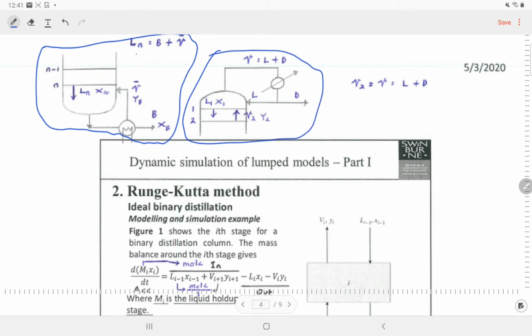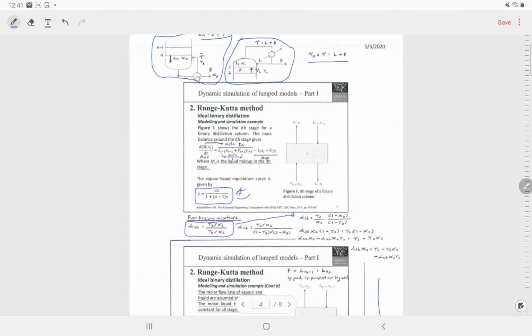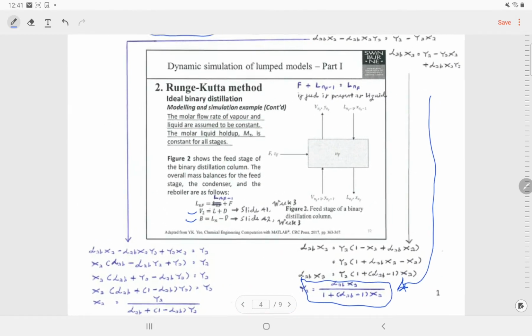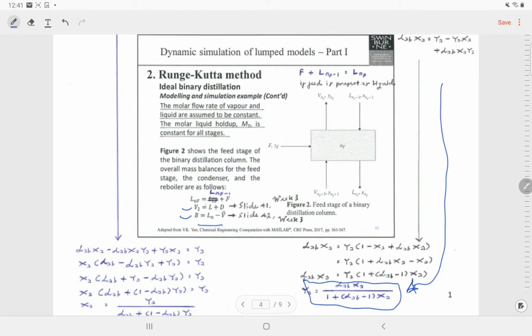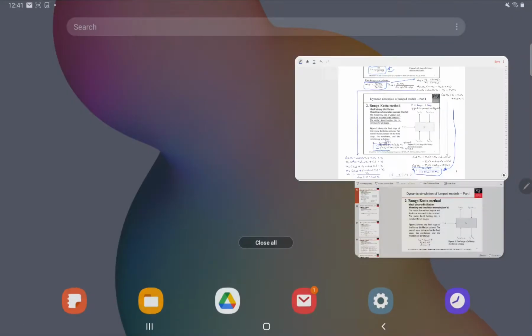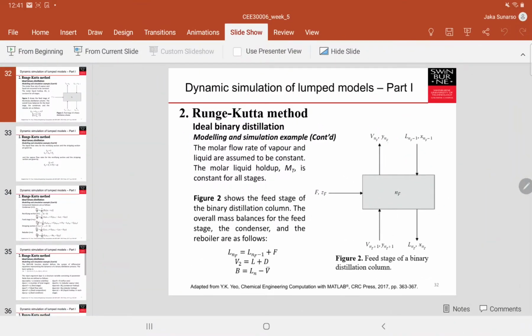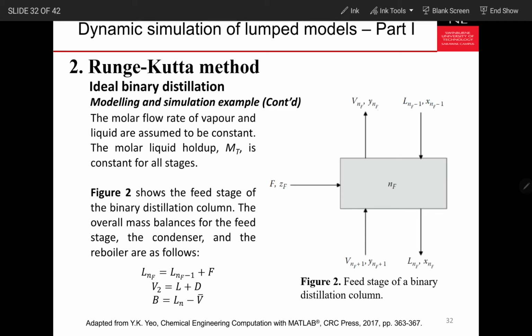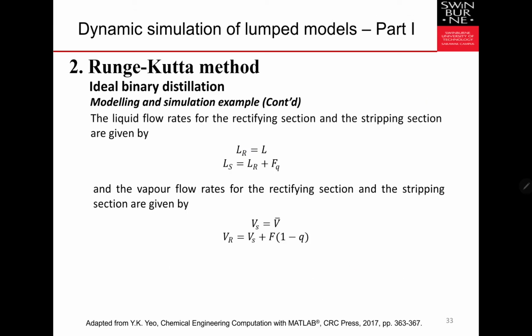So that's where you get this, and then you get this. That's basically where you get these particular things. So we go back again. There is an interrelation between what we gave in the steady state binary distillations and this particular distillation, so I will have to go back and forth to show you the connections.